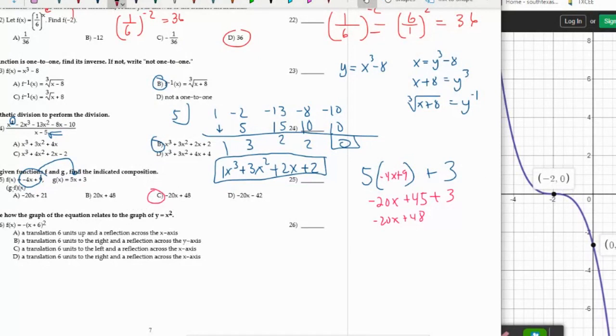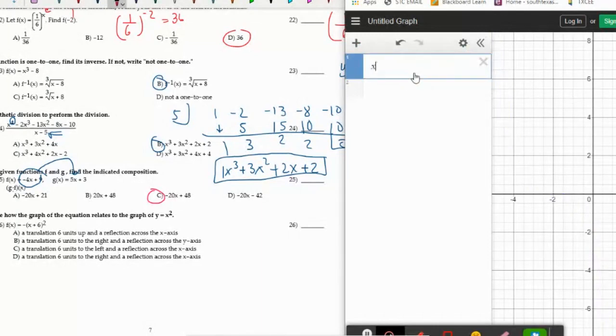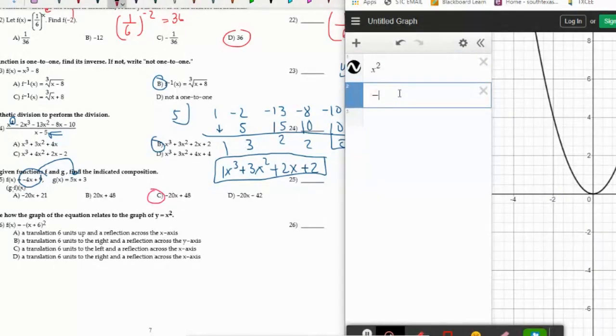Next one, we're describing the transformations, kind of similar to what we were doing earlier. So we start off with squared, okay, and then we have negative parentheses x plus 6 to the power of.